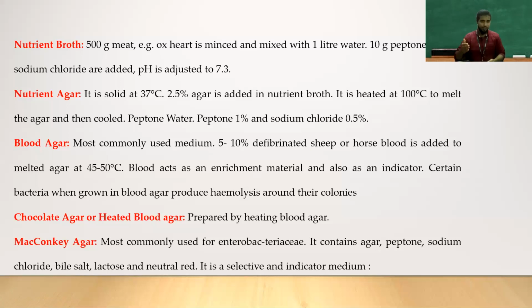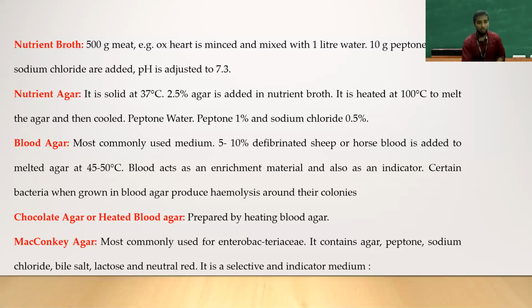So if that fibrinogen is removed, the blood will not clot. Okay, and 5 to 10% of defibrinated sheep or horse blood is added to the melted agar at 45 to 56 degrees centigrade. Blood acts as an enrichment material, hence it is included in enriched culture media, and also as an indicator. Certain bacteria, when grown in blood agar, produce hemolysis around the colonies. Based on that hemolysis, we can identify if the bacteria is hemolytic or not.